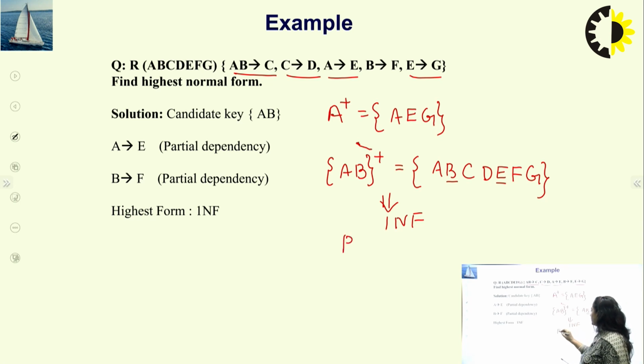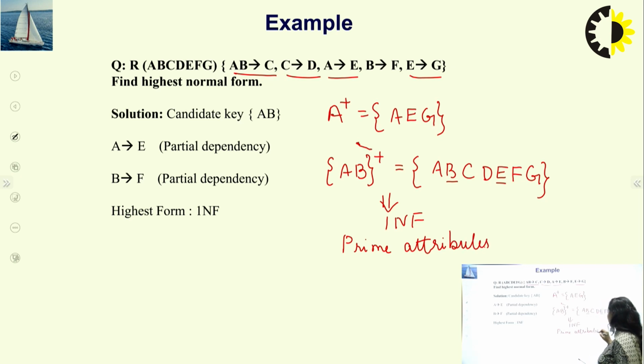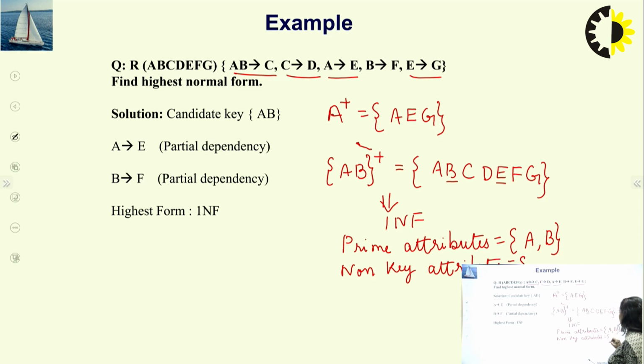The prime attributes will be A and B. Non-key or non-prime attributes are C, D, E, F and G, right?